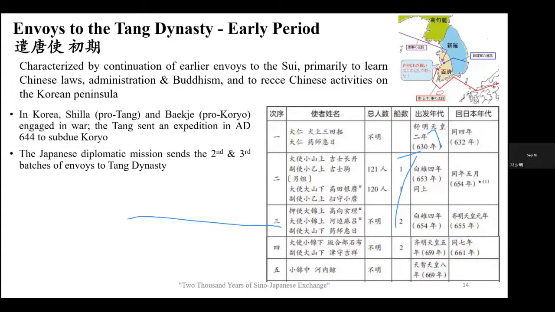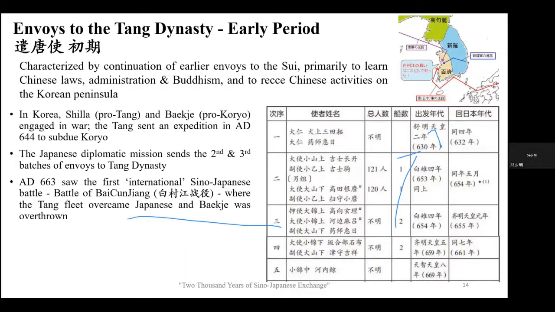So in Korea, the 2 countries, Silla and Baekje, were always at war, and the Tang dynasty sent an expedition to try to subdue Korea. And in contrast, the Japanese diplomatic mission now sends the 2nd and 3rd batches of envoys to the Tang dynasty.